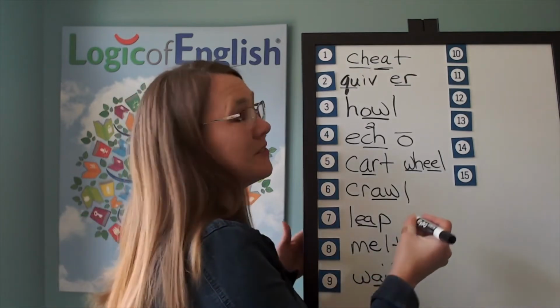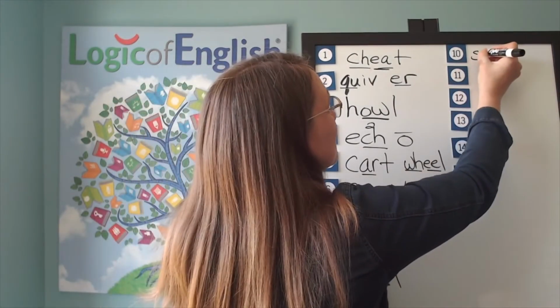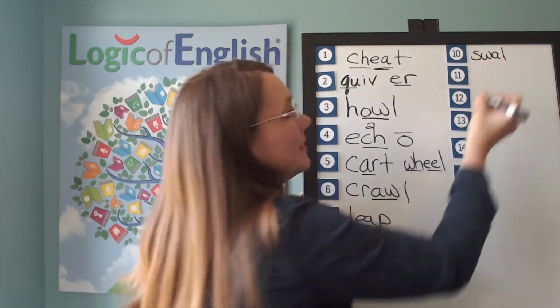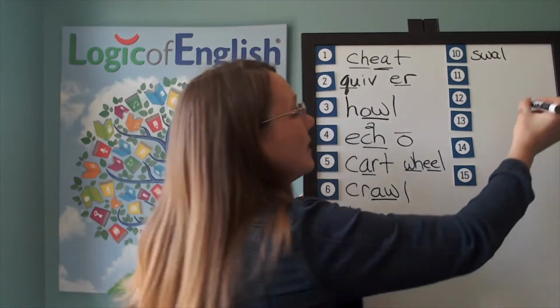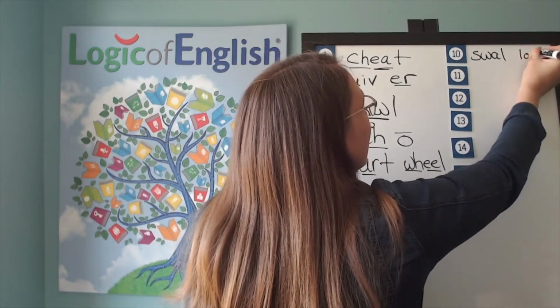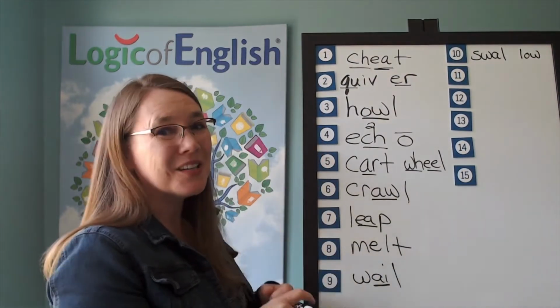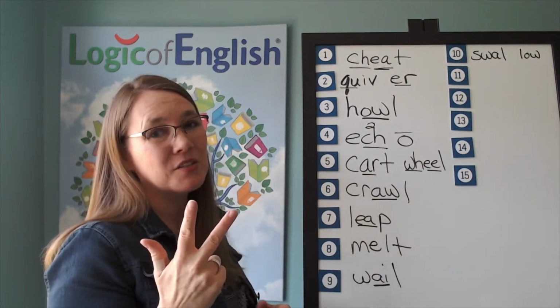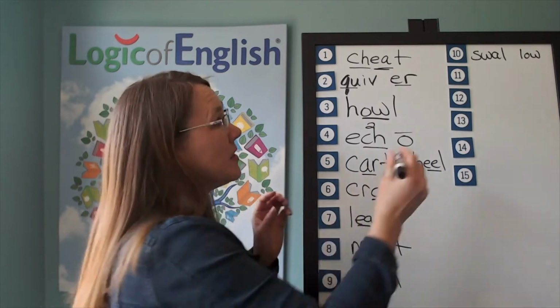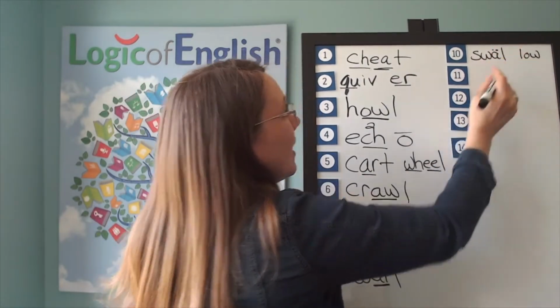Good. Help me to write it. The first syllable is swal. S-w-a-ul. The second syllable is low. Ul-o. And how will we mark it? What sound of a-a do we hear in swallow? That's right, we hear the broad sound. And why?